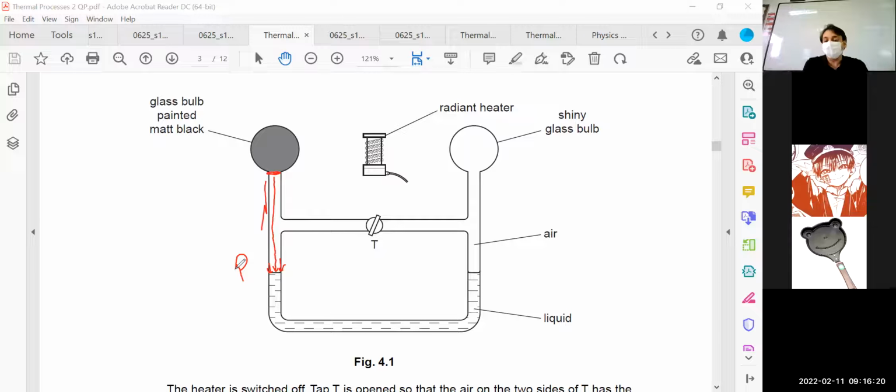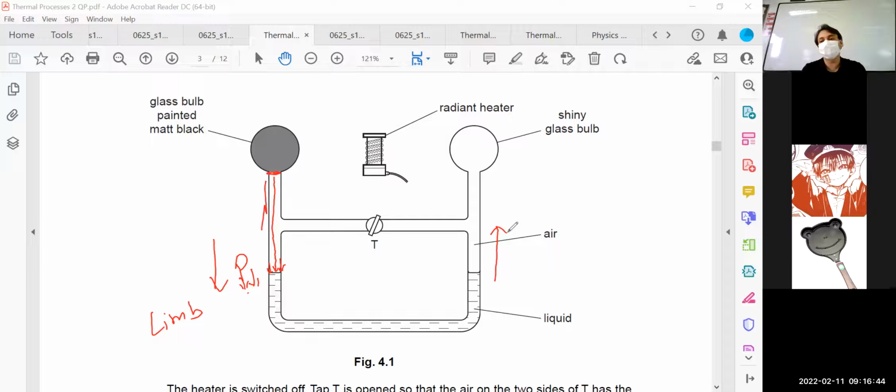Due to expanding air, a pressure is exerted on the left limb, the left side of the tube, and due to that, the liquid level moves downward. So the water level will move downward on the left hand side, and by the same amount the liquid level will rise on the other side.